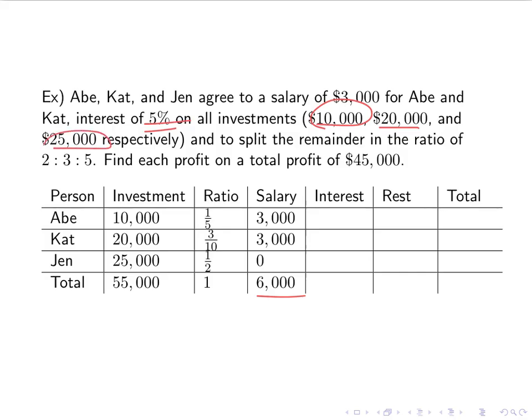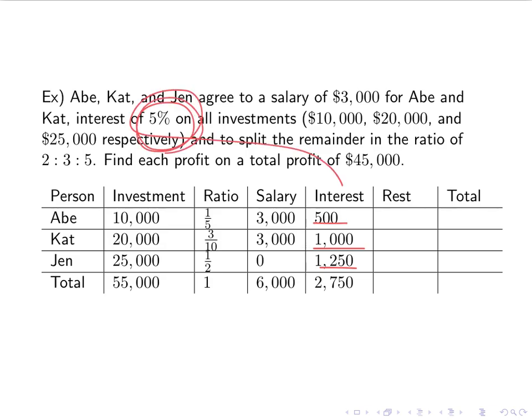So again, it's a basic percent problem. What is 5% of 10,000? That's 500. 5% of 20,000 is 1,000. 5% of 25,000 is 1,250. So the interest is the percentage, not the ratio. I'm not using the ratio yet. Okay, so the interest is 5%.